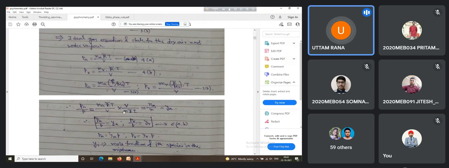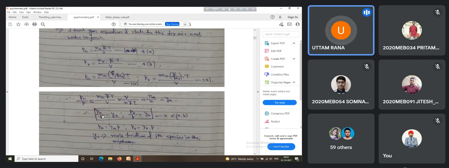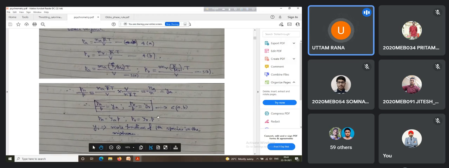and P is basically nRT divided by V. So Pa divided by P basically gives the mole fraction of the air component here. Similarly, we can write the mole fraction of the vapor as the partial pressure over the total pressure. So this is the general statement: in a gas mixture, the partial pressure of each component is basically the product of the mole fraction of that component and the total pressure.